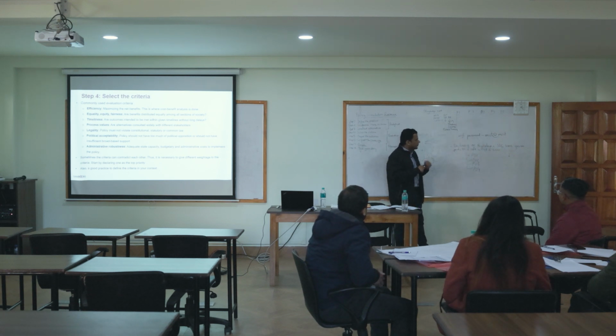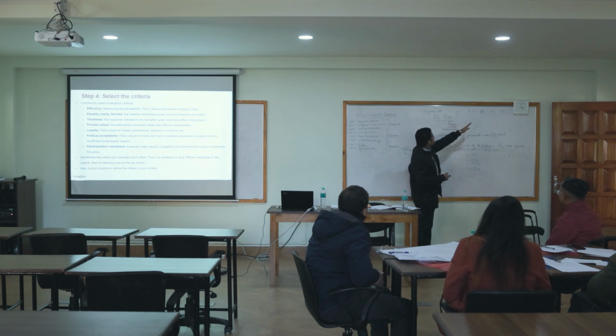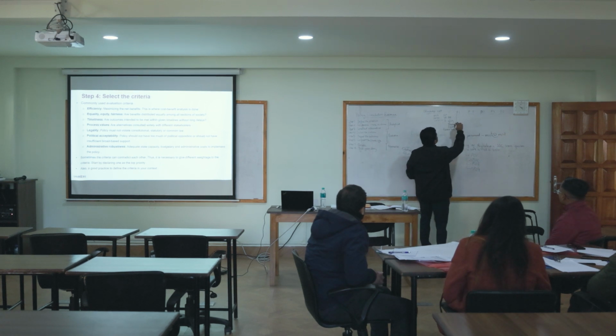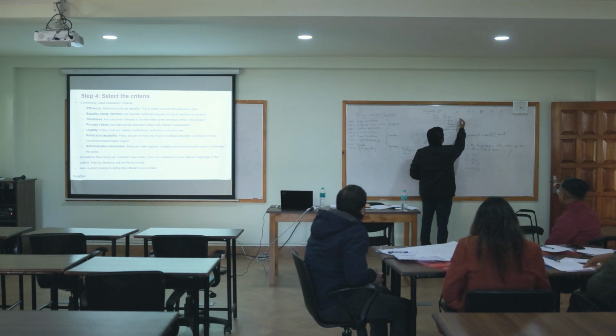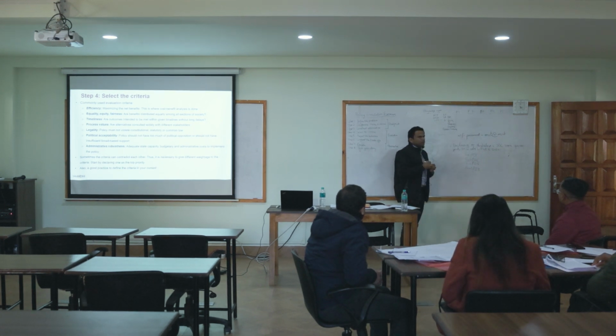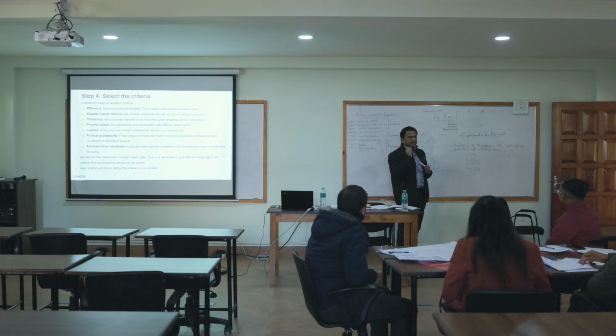So let me help you with how you will fill this matrix. You will create this matrix. As I said, in the columns you have policy options, and on the rows you will have your criteria, right? So for example, for efficiency, you have to do some guesstimate and a little bit of research.